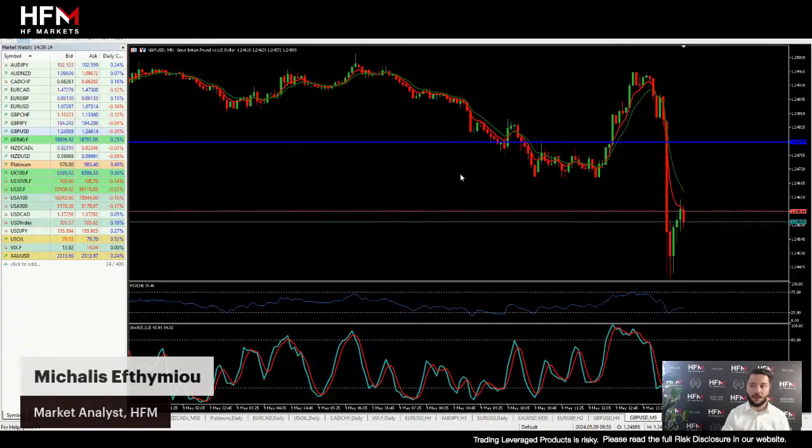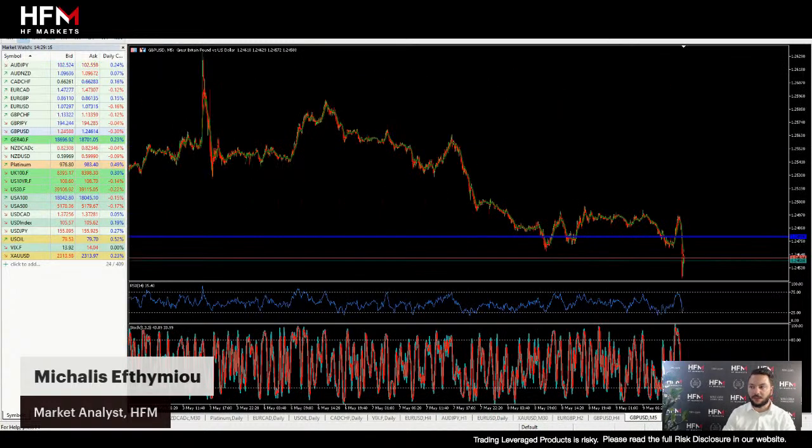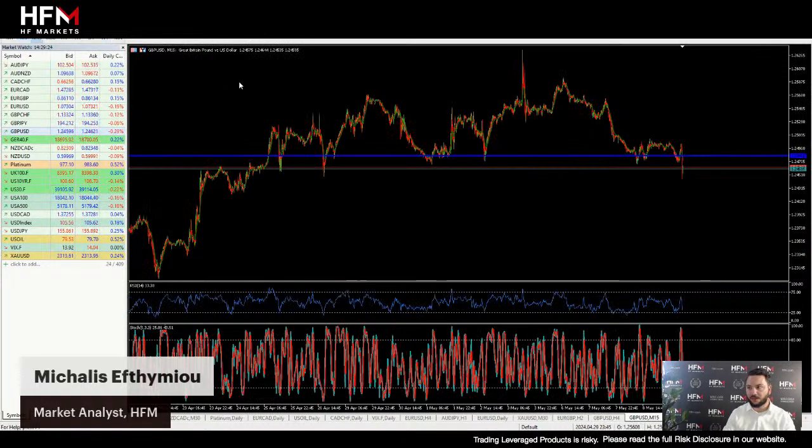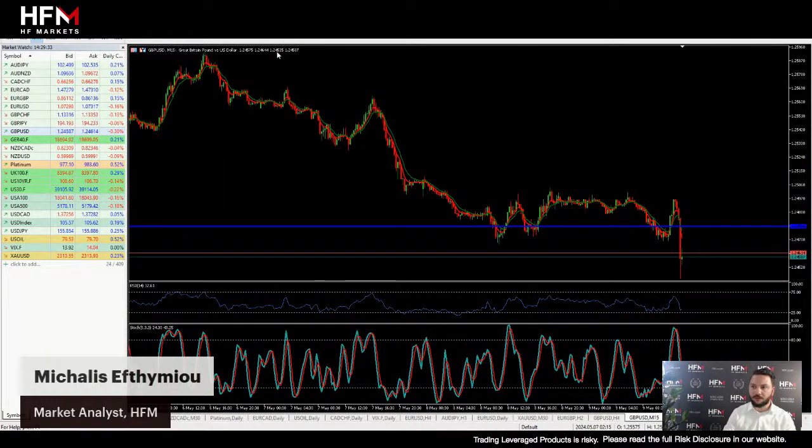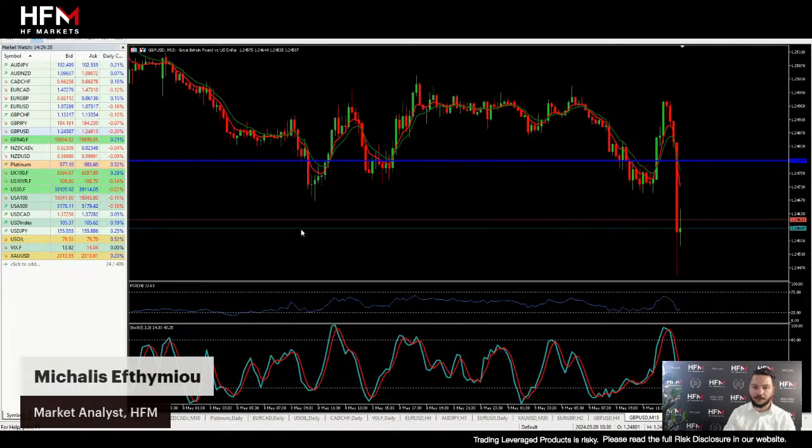For example, at the moment, like we are seeing with the British pound. And even if I go slightly longer term, you can see the British pound longer term is actually indeed declining. Let's go to 15-minute time frame even. You can see it's declining here. So this is definitely something you can take into consideration as part of your analysis as well.